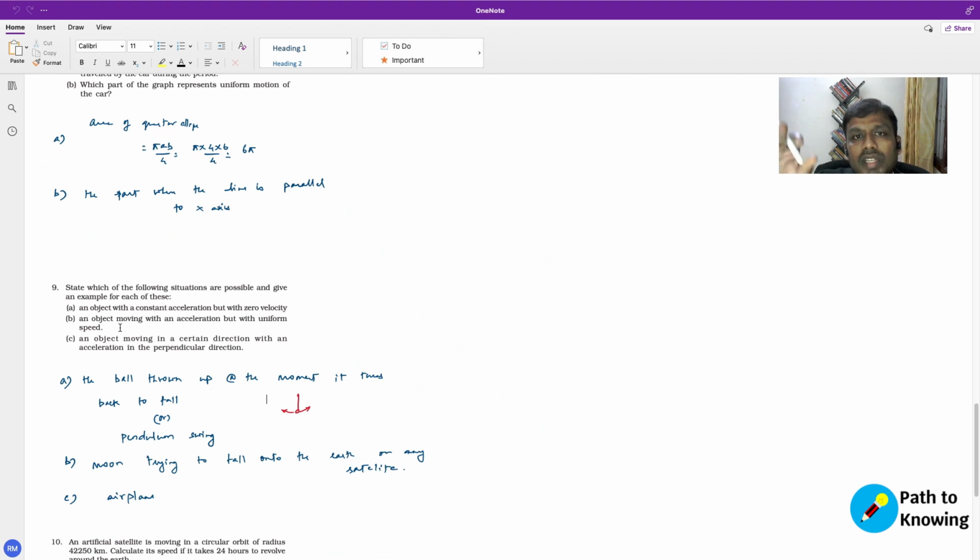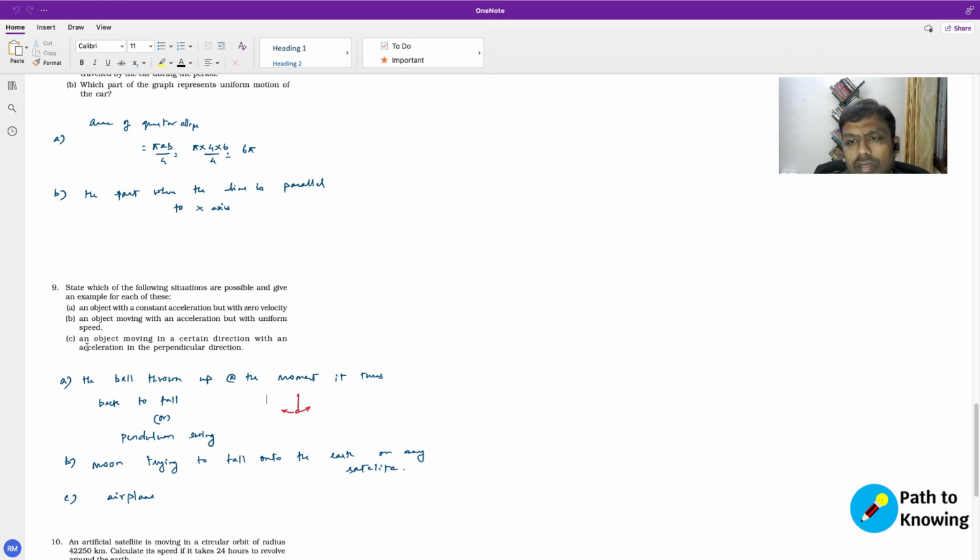By the time the moon fills that part, the Earth rotates and creates another gap. So the moon is always trying to fall around the Earth, which means that the moon is constantly accelerating. But it is also moving with a uniform speed. It ends up moving with a uniform speed around the Earth. So any satellite or moon would qualify for this particular scenario.